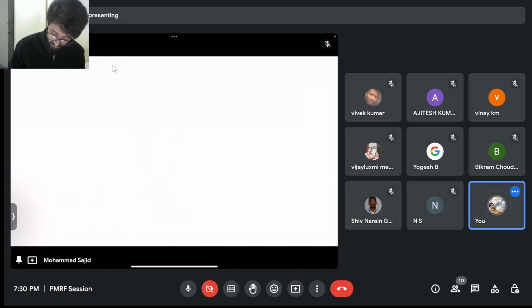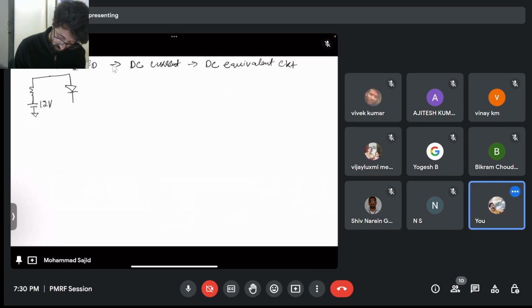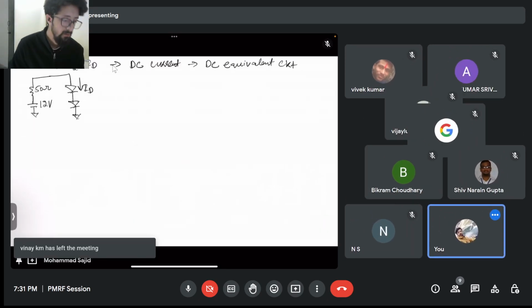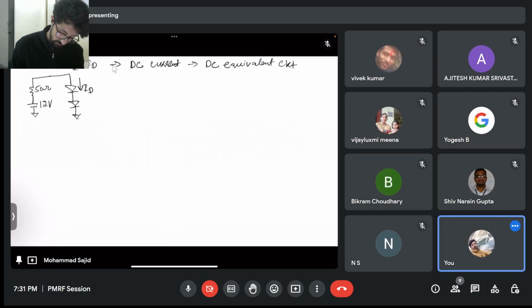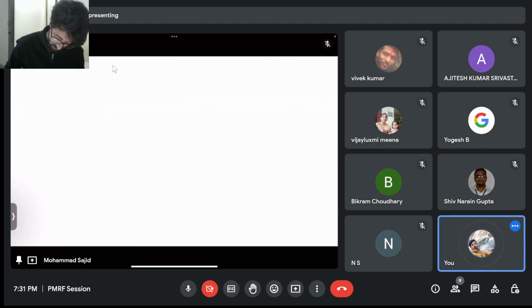We will have a 12-volt supply and two diodes in series, with current I diode, and a resistor of, sorry, 6K.